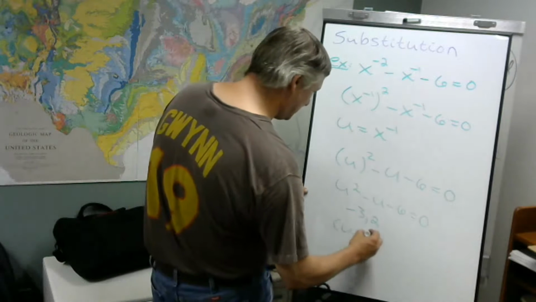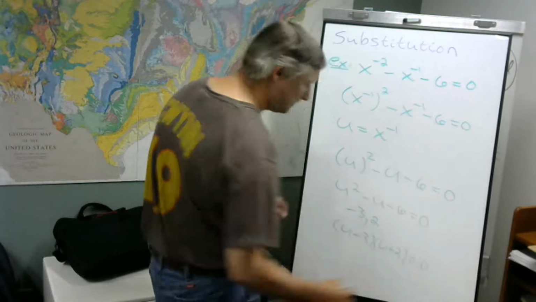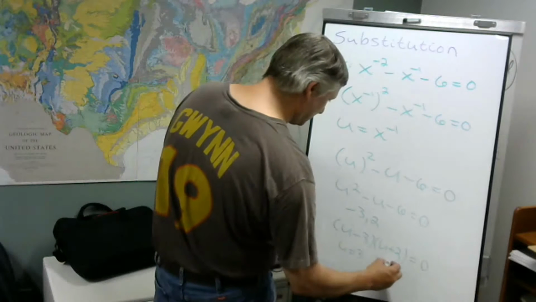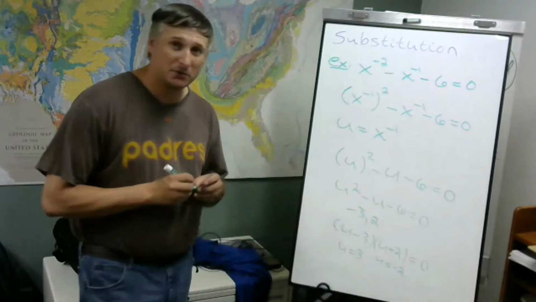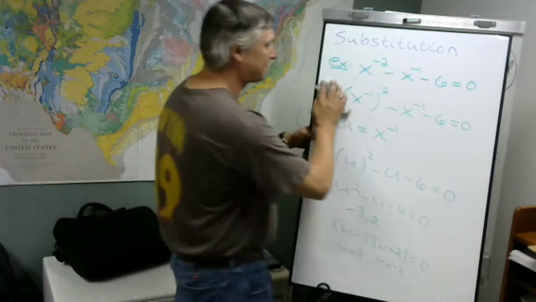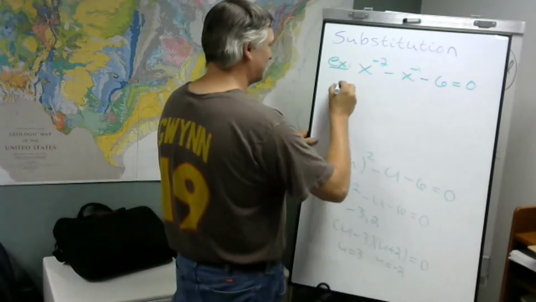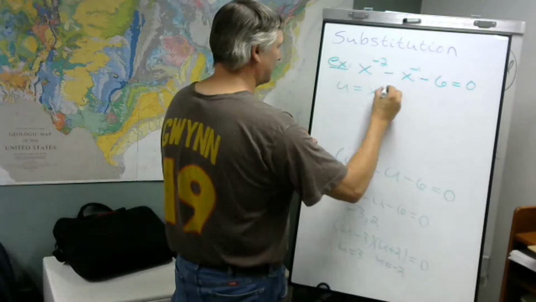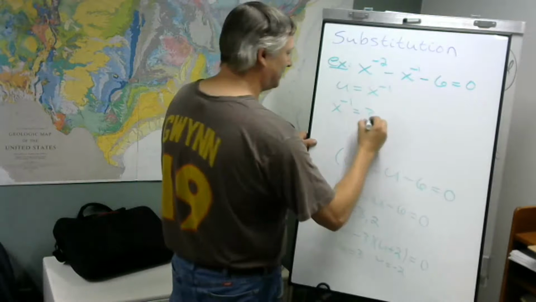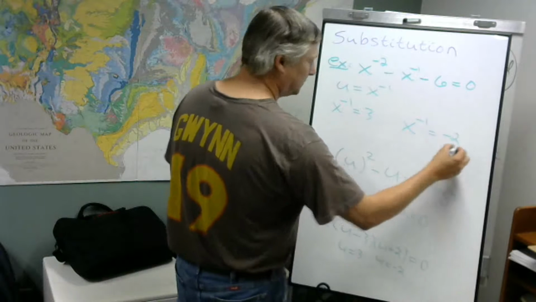So we get (u minus 3)(u plus 2) is 0, where u equals 3, u equals -2. Now again, remember, u is x to the minus 1. So that means x to the minus 1 equals 3, x to the minus 1 equals -2.